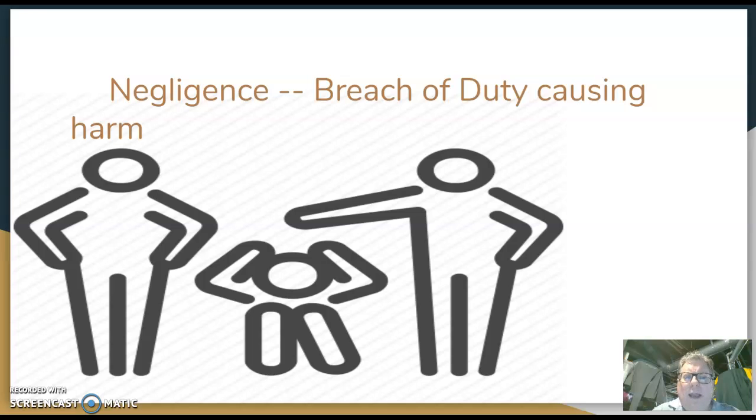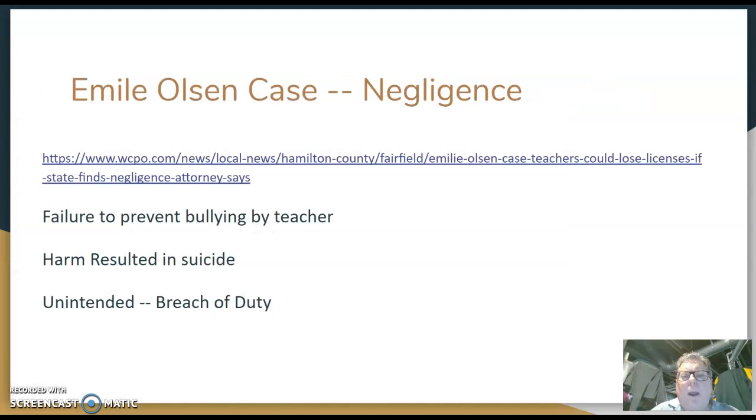Now, we get into negligence, the idea that this didn't have to happen, something avoidable occurred. Breach of duty causing harm is the issue in my next case. And this is the Emily Olson case. A young lady took her own life. Obvious harm there.